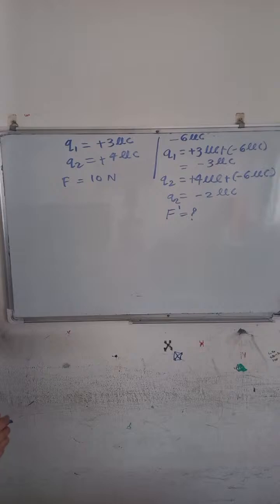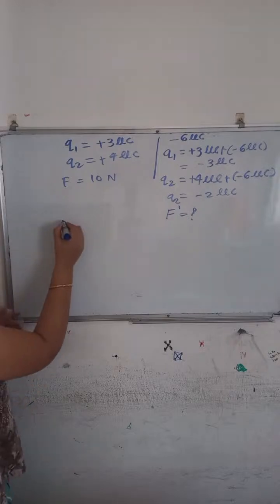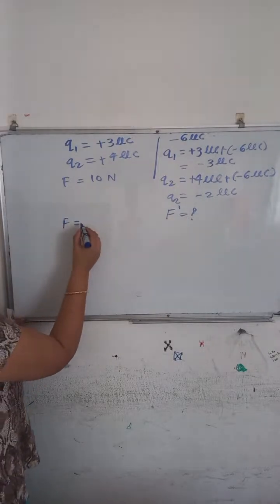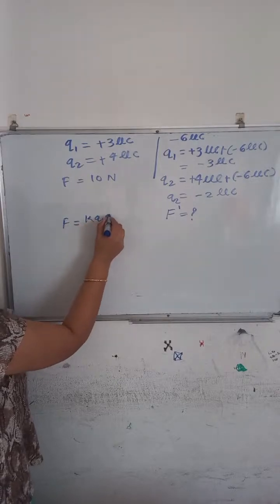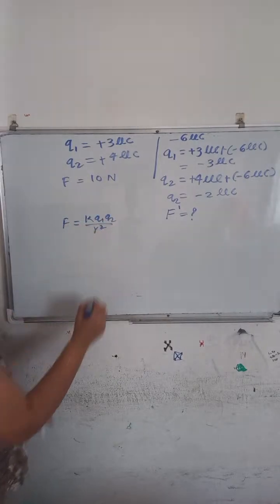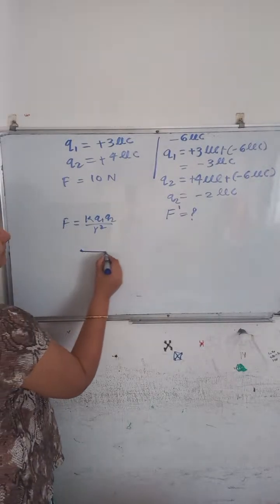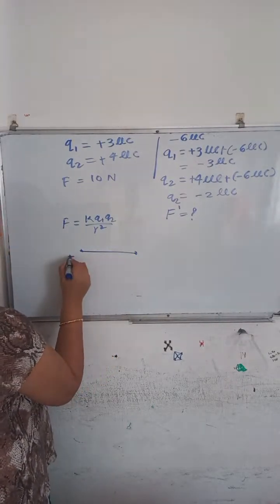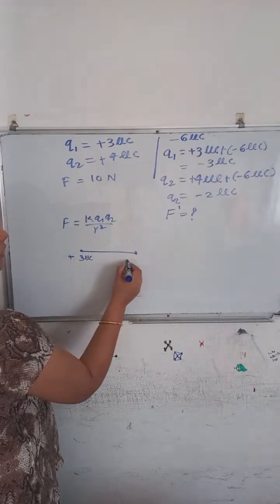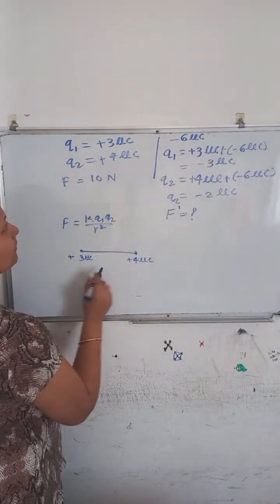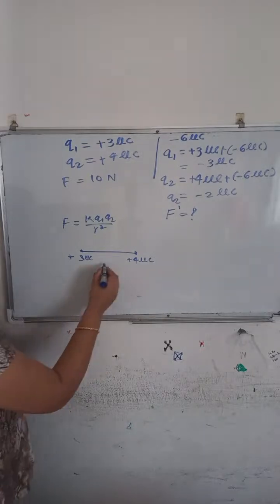According to Coulomb's law, force is K Q1 Q2 by r square. How can we solve this? If I draw the diagram, initially +3 microcoulomb and +4 microcoulomb are separated by a certain distance r.